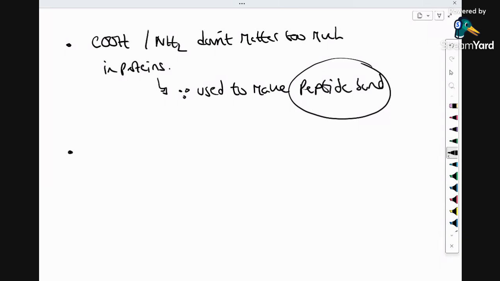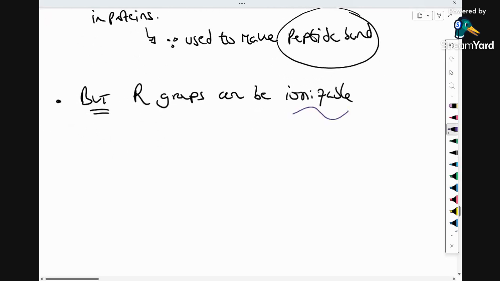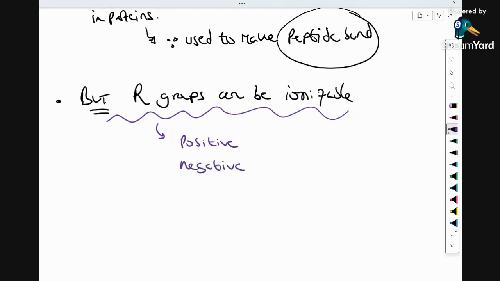We care very much, so I'll put here but, R groups can be ionizable, right? What we mean by that is the R groups that give each amino acid its own character, if you like. Some of them can be positively charged, right? We came across those. So, R groups can have carboxylic acid groups and amino groups, so that become NH3 plus.